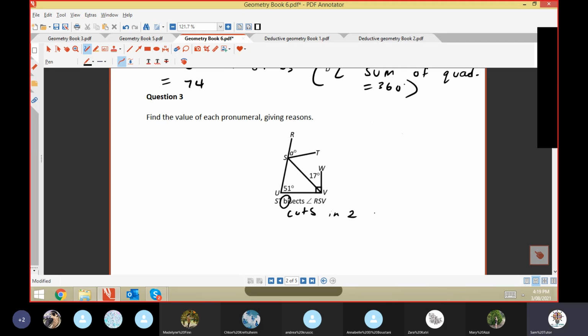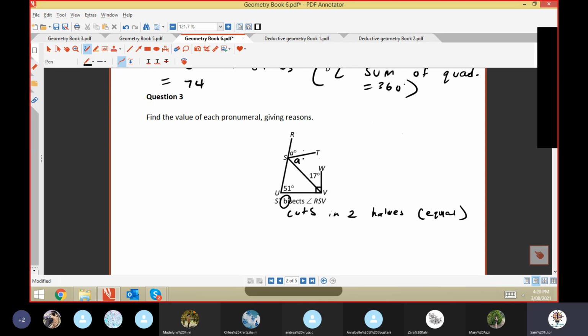So if it cuts it in two halves, or as Annabelle said, it's equal, then if angle RST is A, then TSV is also A. They must be the same. If that was 15 degrees, this one's also 15 degrees. Is that clear to everybody? ST bisects RSV, therefore they're the same.